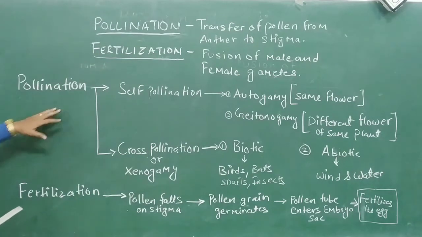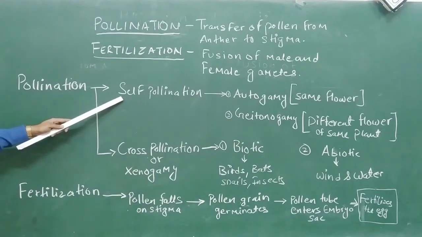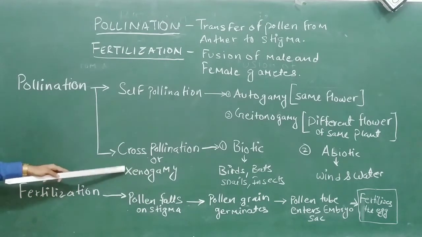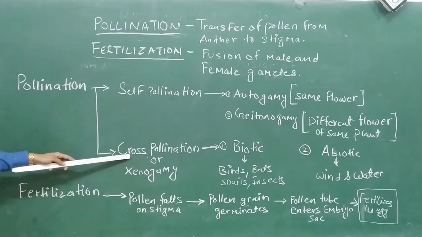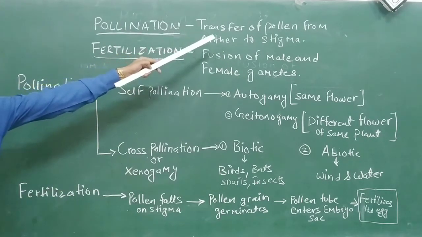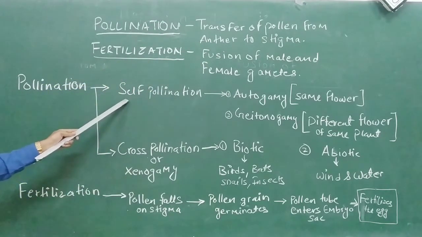There's pollination. So pollination is of two types. Number one is self-pollination. The other is known as xenogamy or cross-pollination. So pollination, as we know, is the transfer of pollen from anther to stigma, and it is of two types.